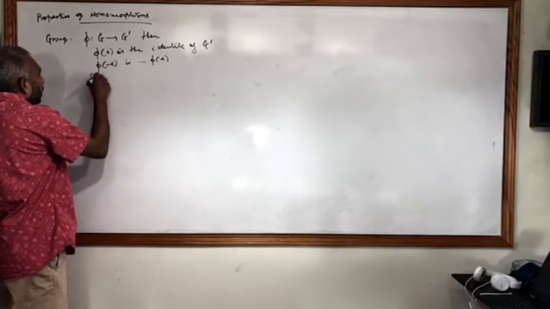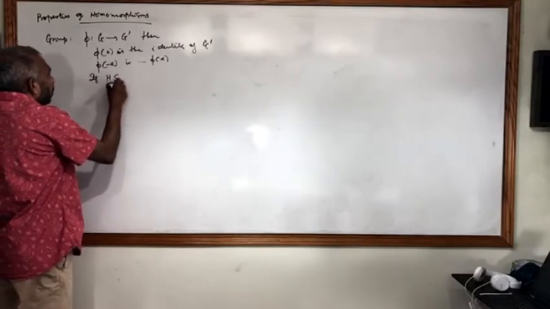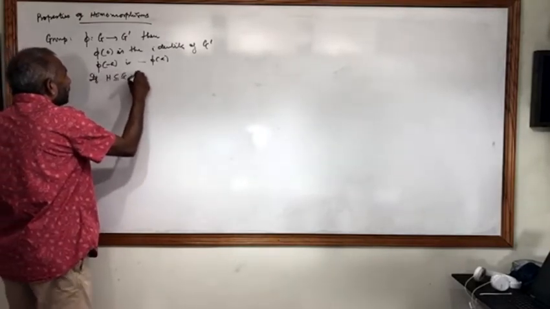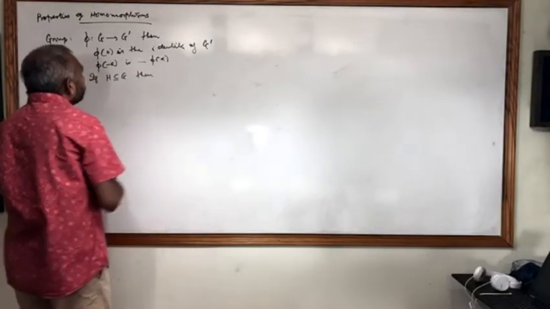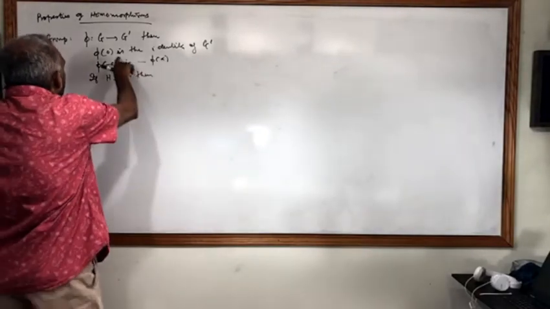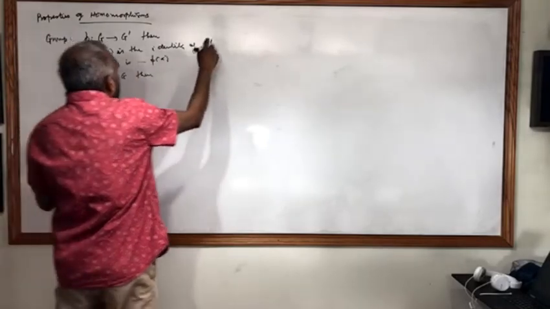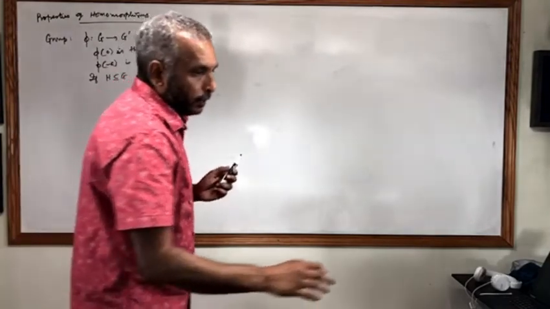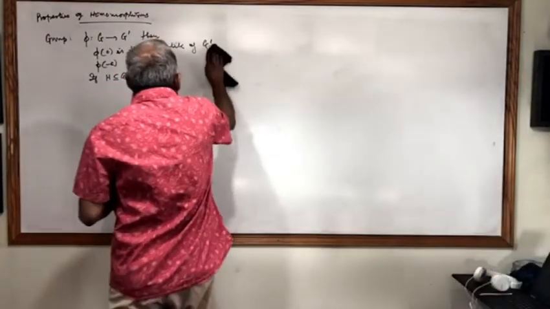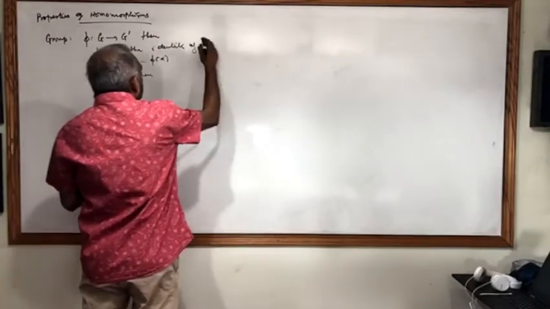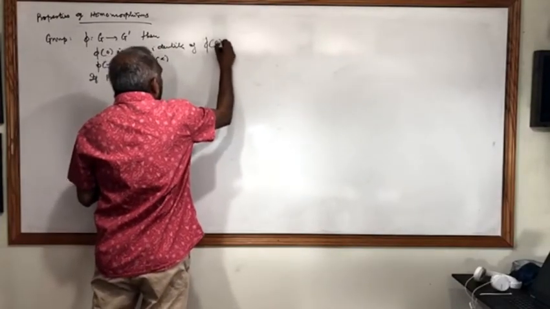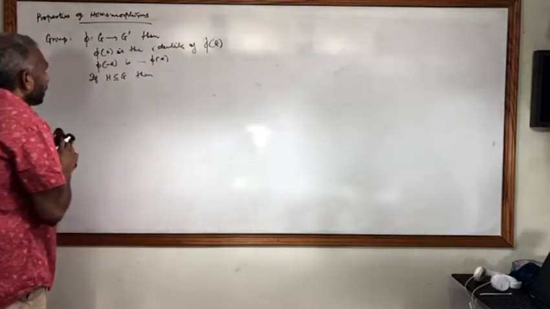Then if H is a subgroup of G, actually phi of 0 is the identity of, to be very precise, let us say phi of G, which is same as G prime.